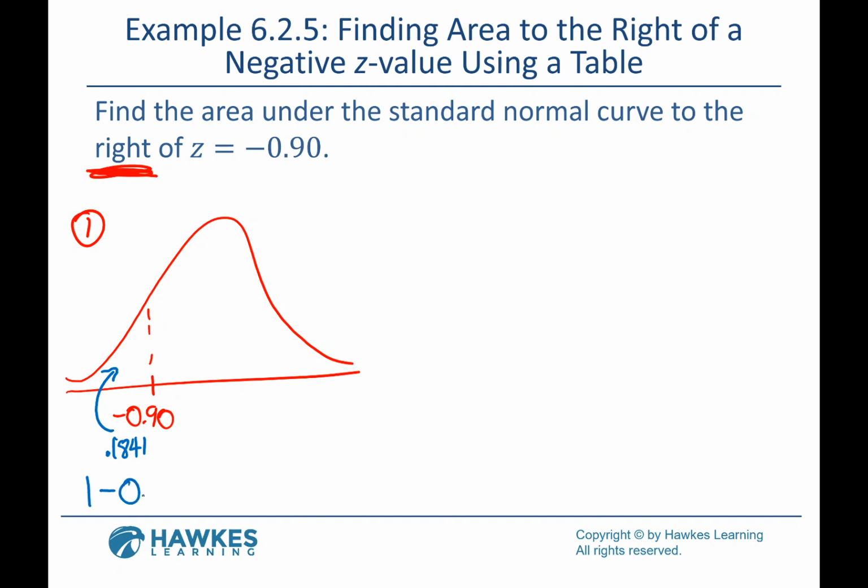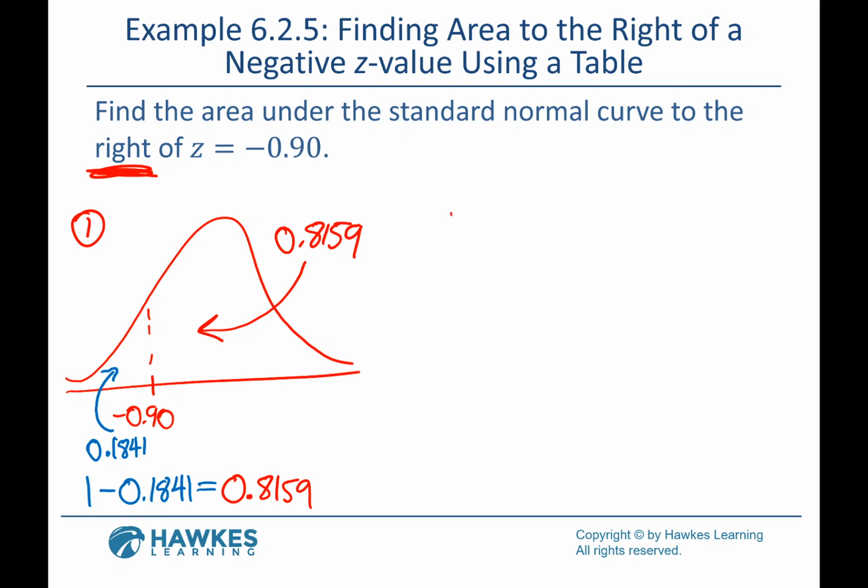So 1 minus 0.1841 equals, let me use my calculator, 0.8159. This area. Okay. That's option one.